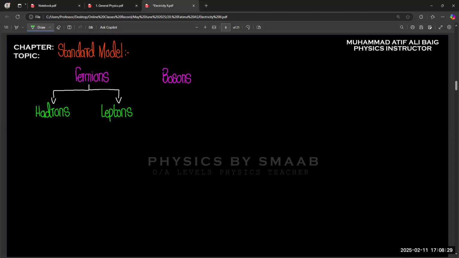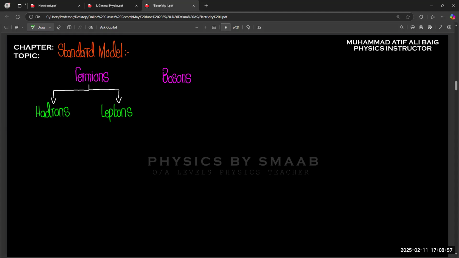We are talking about more fundamental particles. Before AS, we only studied those three particles, and we considered them fundamental. But now we are going to study in further detail what are the fundamental and basic elements that make up the electron, proton, and neutron.